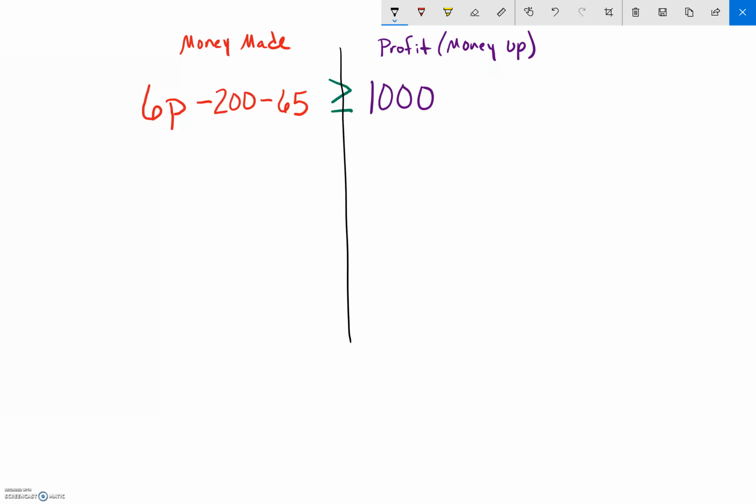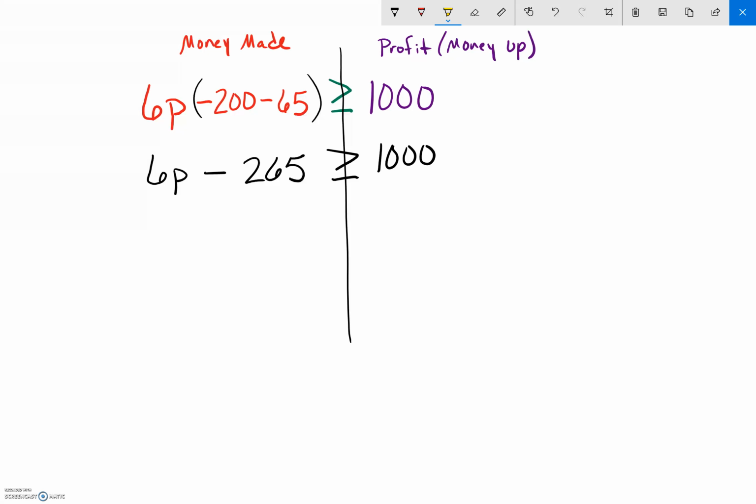So the first thing I would do is combine these two terms right here and make them one integer. So it's going to be 6p minus 265. We'll just make it one subtraction problem instead of 2. Is greater than or equal to 1,000.